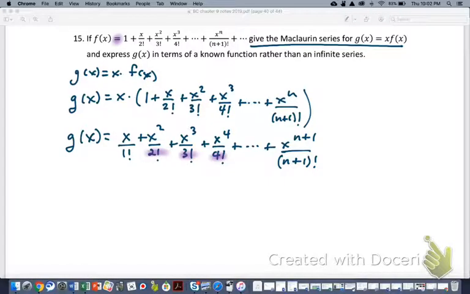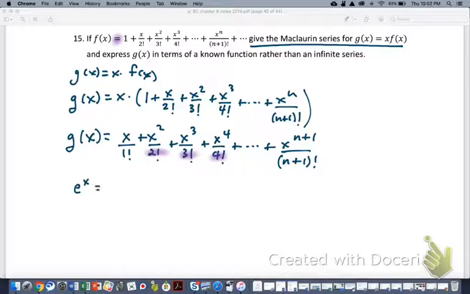So of all the power series that we know, let's think this through. For sine, everything's odd. For cosine, everything's even. But e to the x is the only one where the factorials go 1, 2, 3, 4. So I'm thinking that this is some version of e to the x.